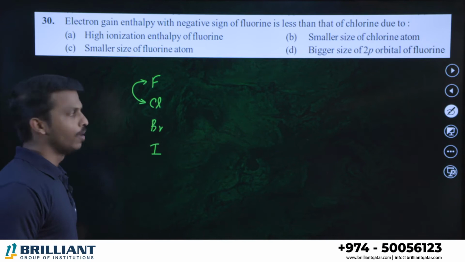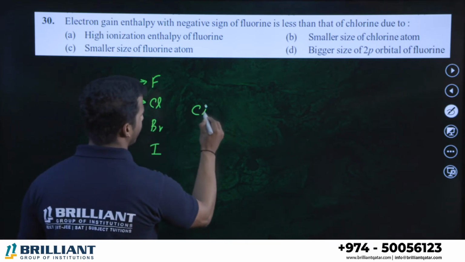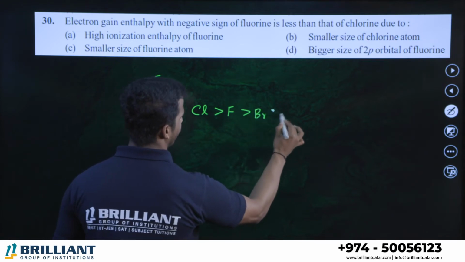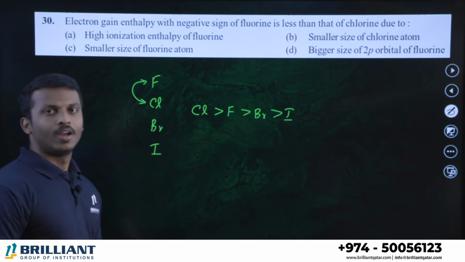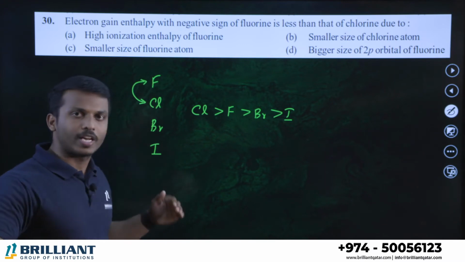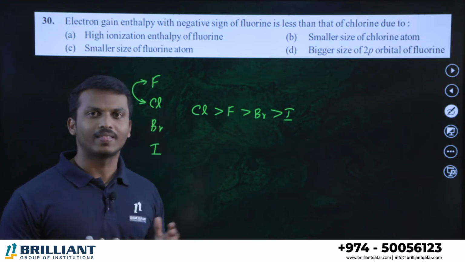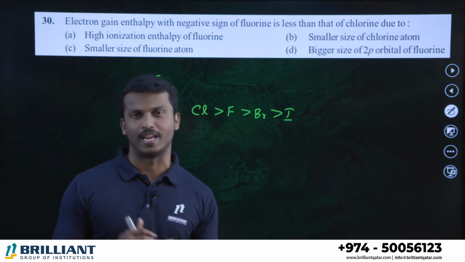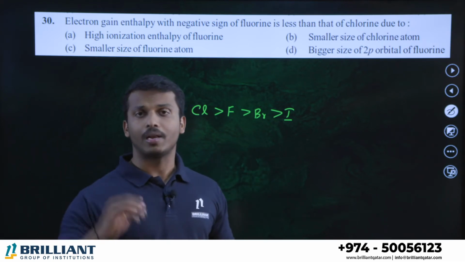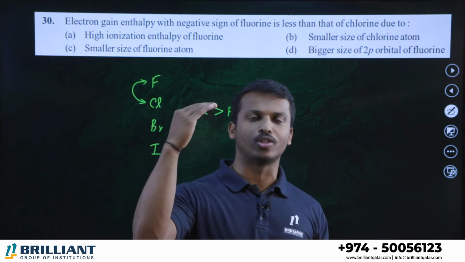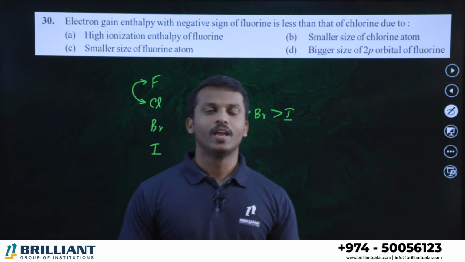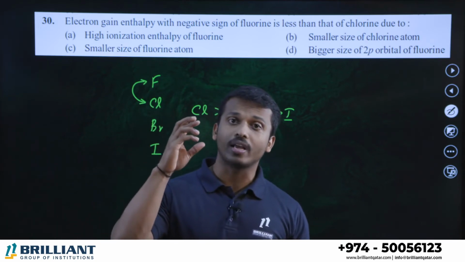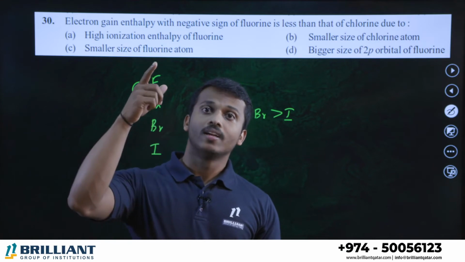Chlorine has greater electron gain enthalpy than fluorine, then bromine, then iodine. Down the group, we expect more negative electron gain enthalpy, but in the halogen family there is a small change, even in the oxygen family also.